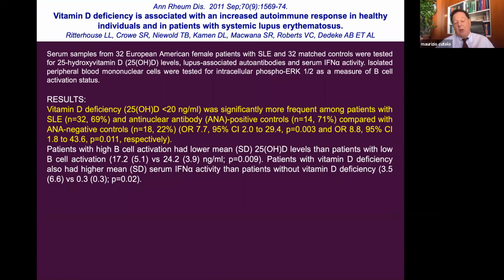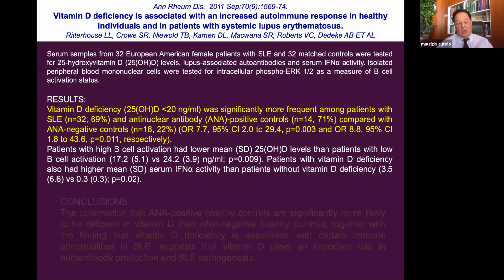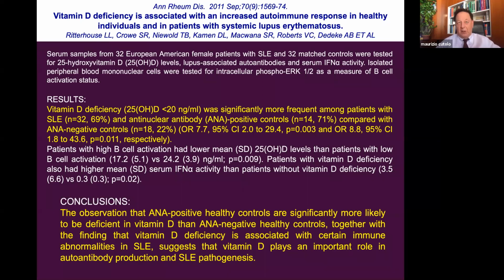And in lupus, what happens in lupus? Vitamin D deficiency is associated with more active disease in patients with a deficiency of the hormone, and a higher concentration of antibodies, much more evident in patients with low levels, under 20 nanograms per milliliter. So this is really important because, again, it strongly supports the concept that vitamin D downregulates the B cells that produce the antibodies.